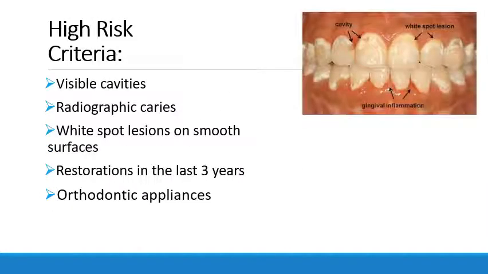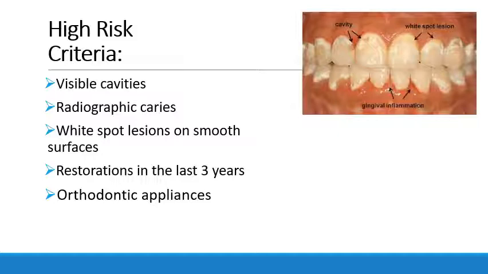So here's an example of a high-risk patient that has visible decay at this appointment. They have evidence of radiographic decay. They may come in with those white spot lesions. If you look up towards the gingival margin of the teeth, it looks pitted, chalk colored. Those are what we refer to as white spot lesions.